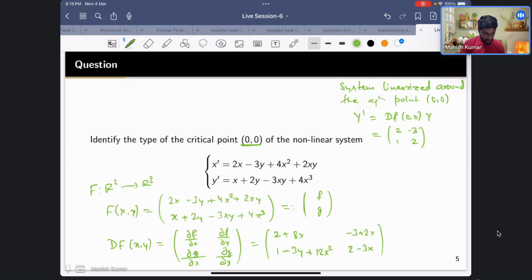Okay, but in the 0 0 case, almost every time we get this kind of matrix. So that's why in most places this has been written in the lectures or in the slides that you have seen. So this is how the linearized system looks. So let us look at what kind of equilibrium point it is for the linear system.